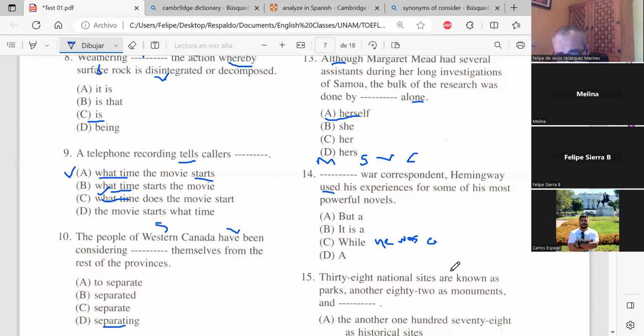So we normally eliminate first the auxiliary, or auxiliary and verb, when we have repetition. He, Hemingway, and he. So then, while a word correspondent, so this is what he wants.